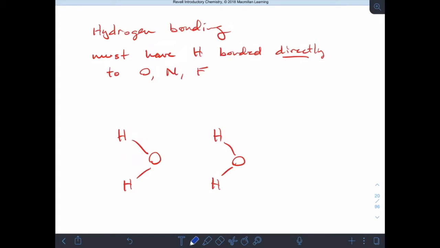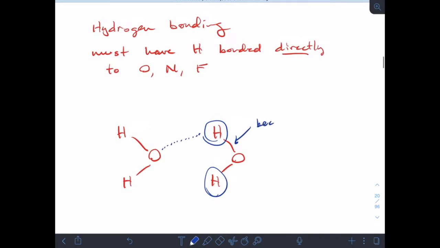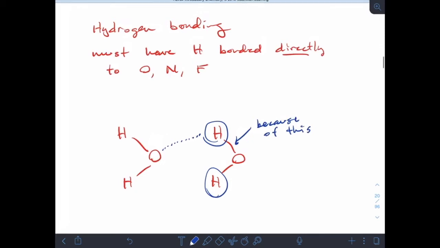Okay? What we are talking about is the fact that this hydrogen here, or this hydrogen here, has an attraction to that oxygen because of this bond. Okay? Because we have a hydrogen bonded directly to an oxygen, this interaction here can take place. Okay?